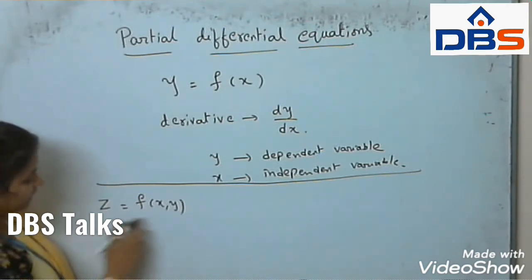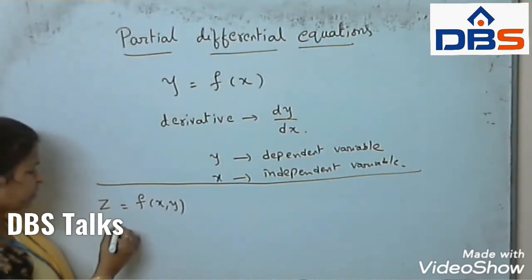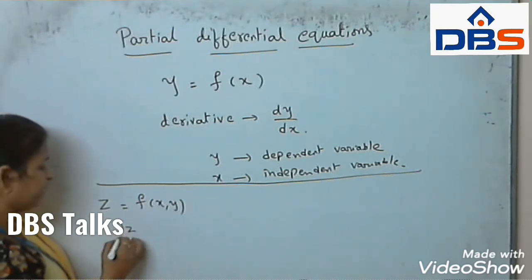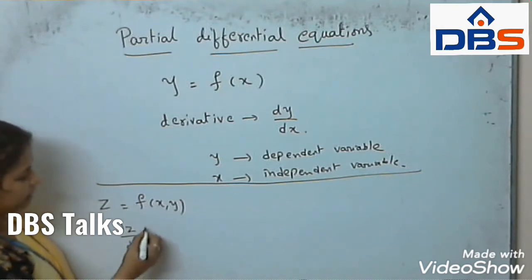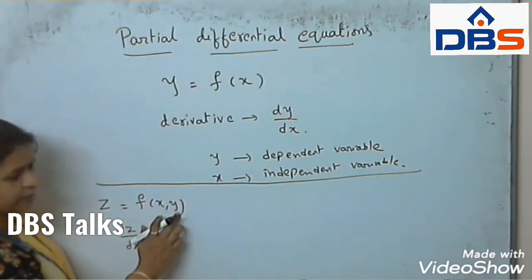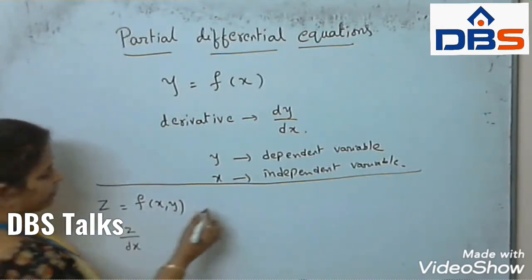So the derivatives would be dou z by dou x. We should not write d because there are two independent variables and one dependent variable.